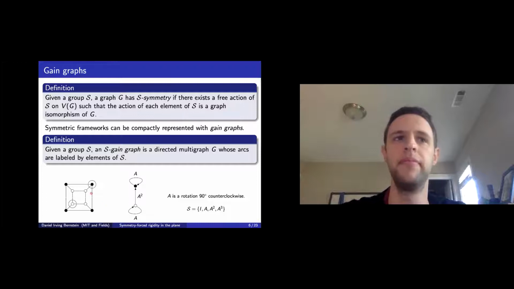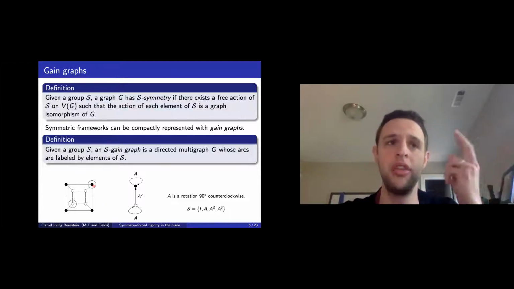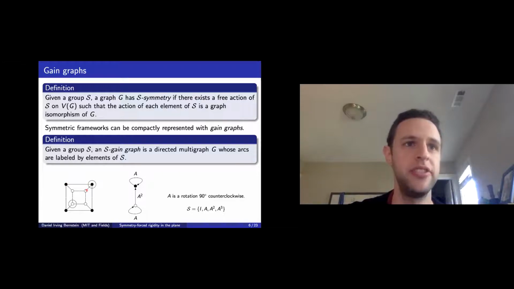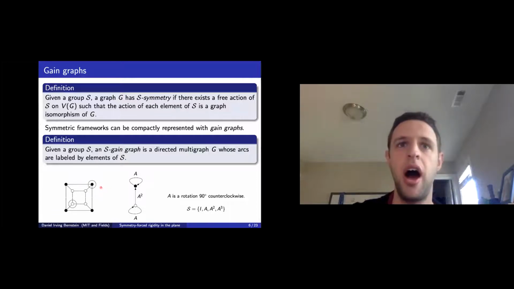So if you think about this order 4 rotation, there are 2 vertex orbits, right? When I rotate this 90 degrees, the black vertices wind up at black vertices and the white vertices wind up at white vertices. And the arcs of the gain graph correspond to edge orbits of the symmetric graph.